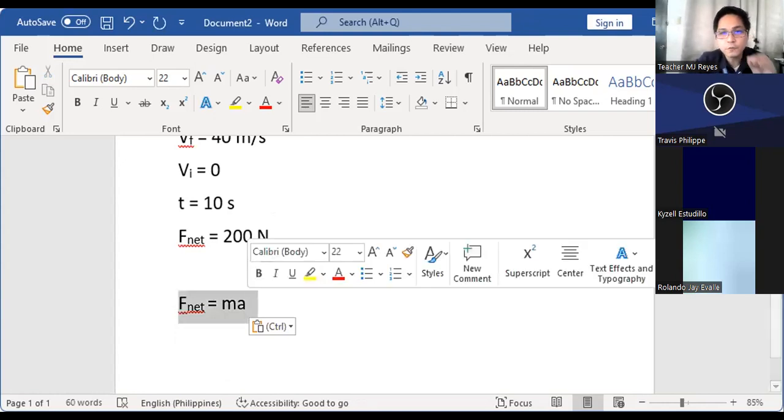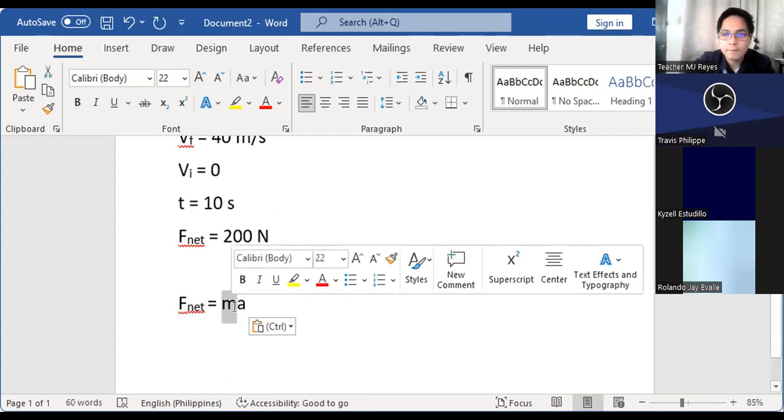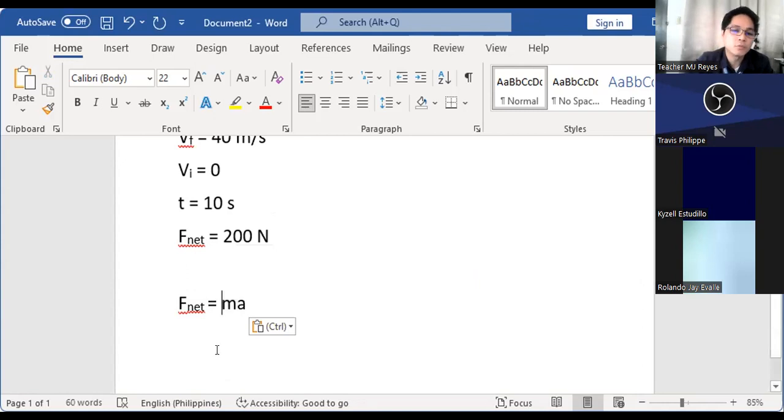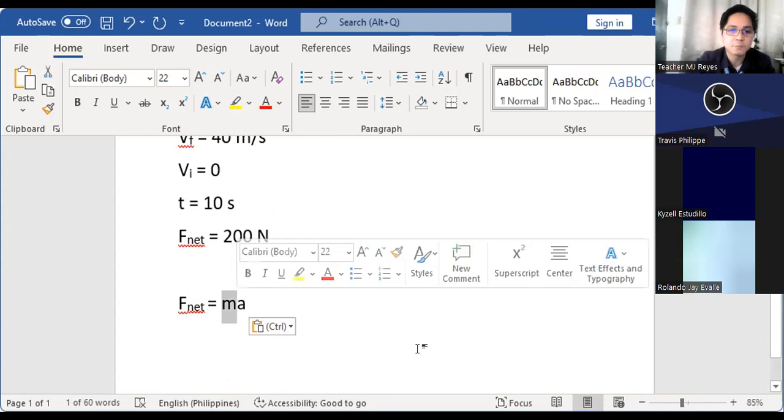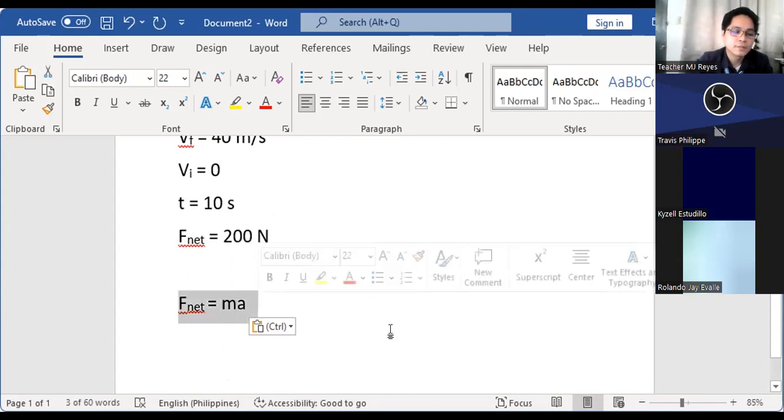In order for us to know the value of mass, or m, we need first to derive a formula out of this base formula. How can we derive the base formula here?